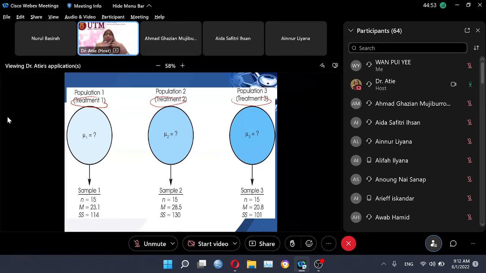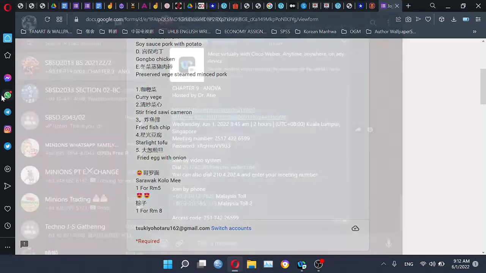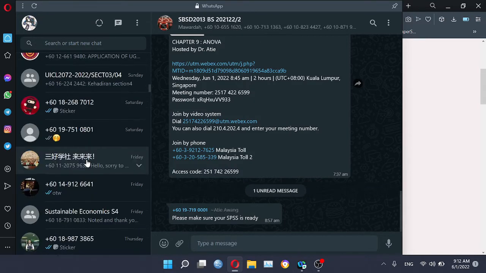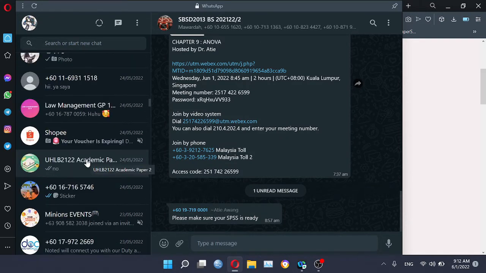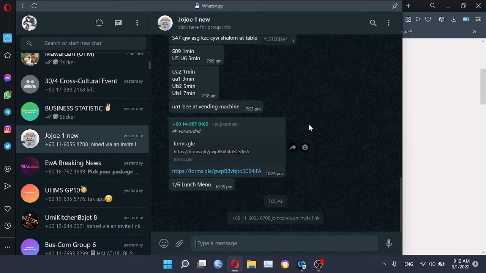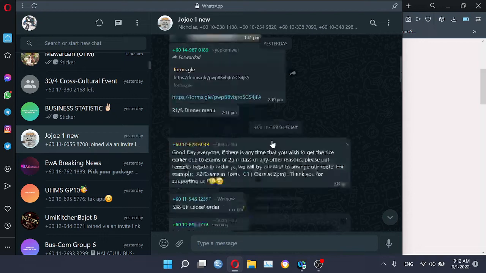Usually they give patients different treatments, and they would like to see whether the treatment they have given is effective or not. So that's why in statistics it is very common to say treatment 1, treatment 2, and treatment 3, right?